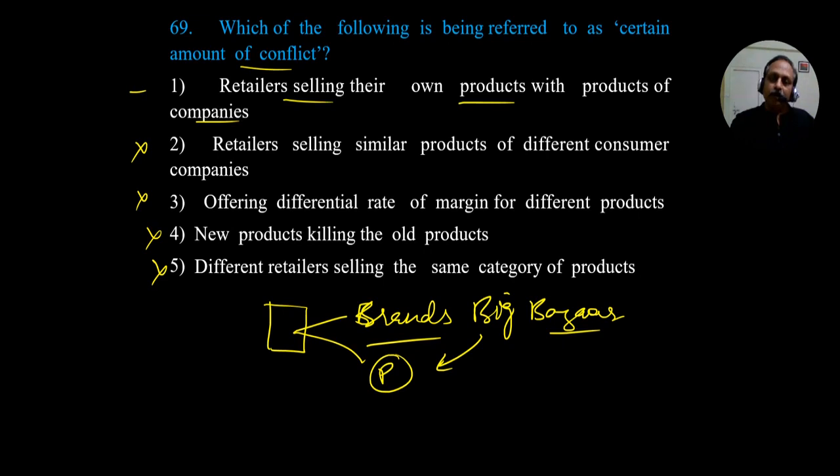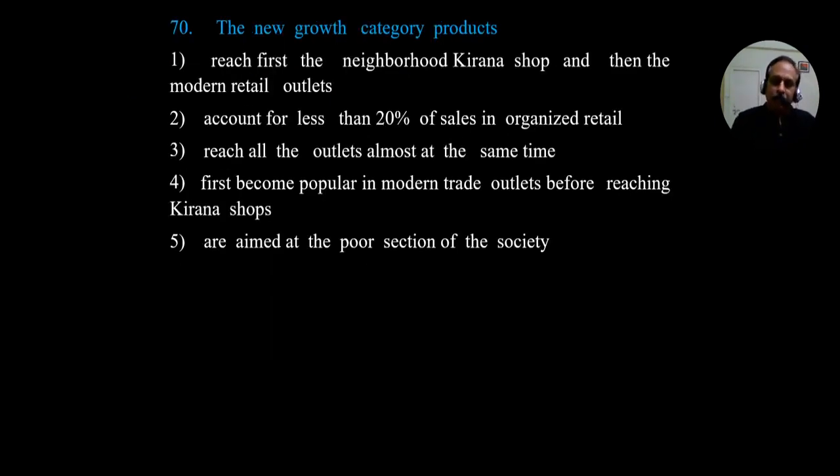That results in conflict of interest. What is the reason? They have to sell the products of established companies, branded products. At the same time, they want to sell their own products. Obviously, that results in conflict. So what is the answer? Retailers, here Big Bazaar, selling their own products with the products of established brands. This again, you don't have to read the passage, common sense.